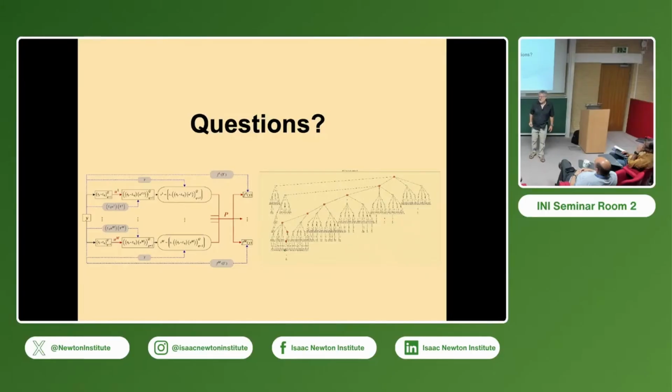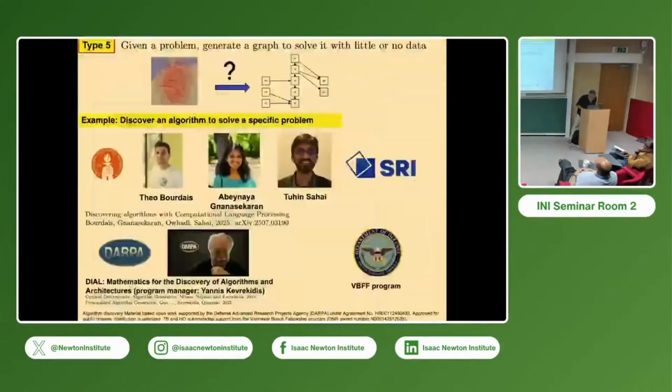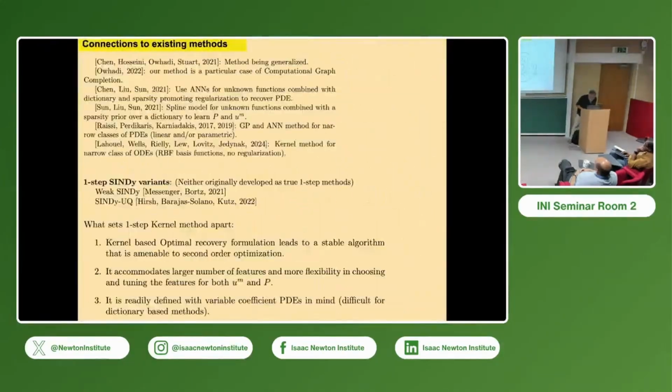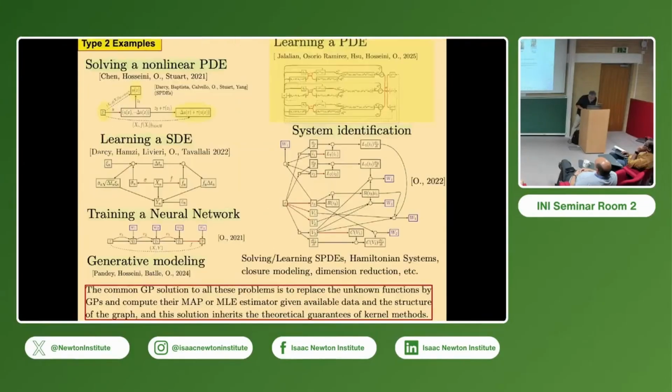Can this method be generalized to the setting where the solution does not belong to the RKHS? The answer is yes. We have done it recently in a paper, which I think I may have cited early on. You can generalize these kernel methods for solving PDEs, but with stochastic forcing.